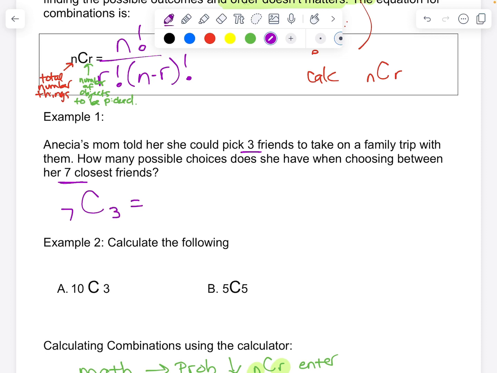So we are welcome to use our calculator at this point. I'm going to write the formula by hand so we can remember: 7 factorial over 3 factorial times 7 minus 3 factorial. If you simplify that a little bit, it would be 7 factorial over 3 factorial times 4 factorial. You can do that by hand if you would like, or you can go to your calculator and type it in.